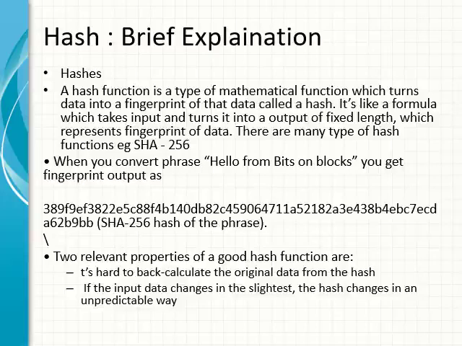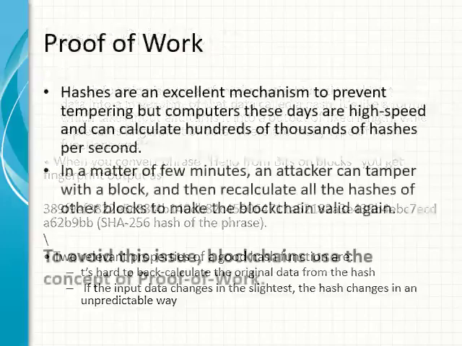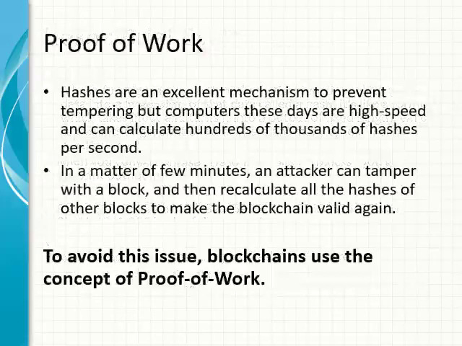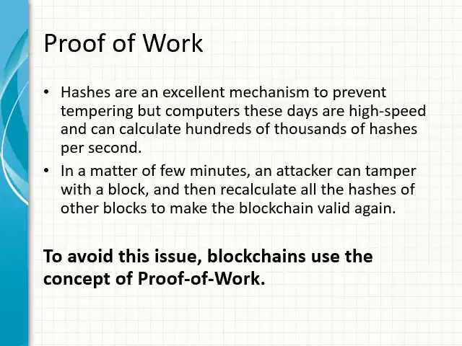If the input data changes, then the hash will change in an unpredictable way. So hashes are an excellent mechanism to prevent tampering and to maintain the confidentiality of data.